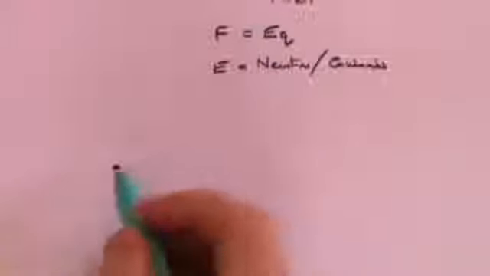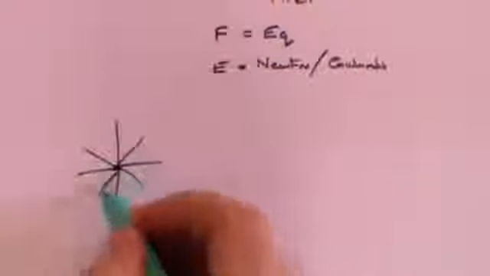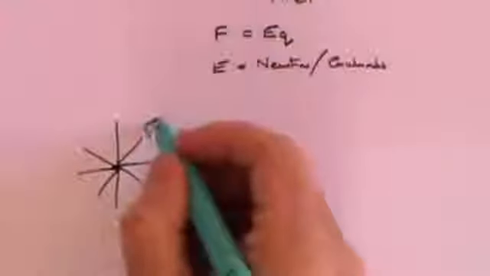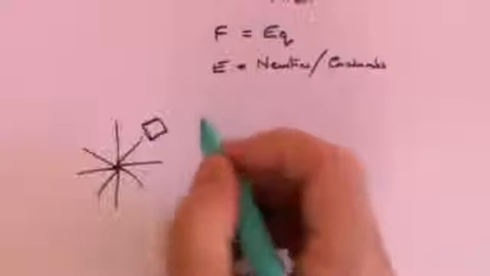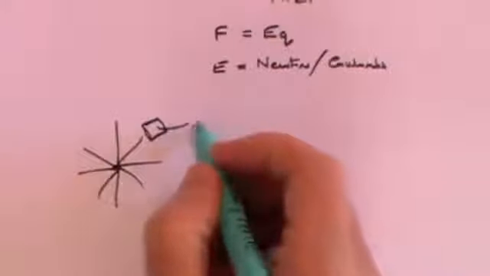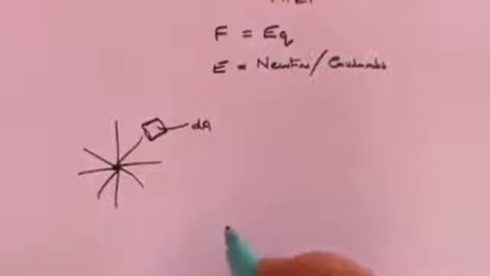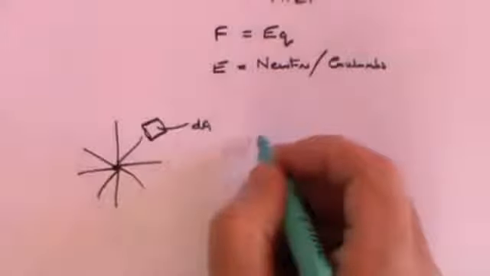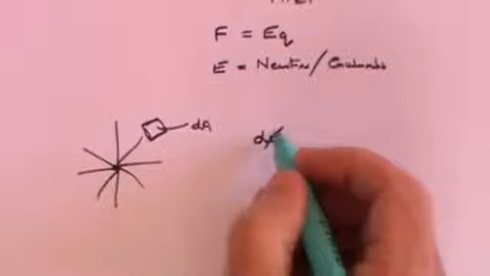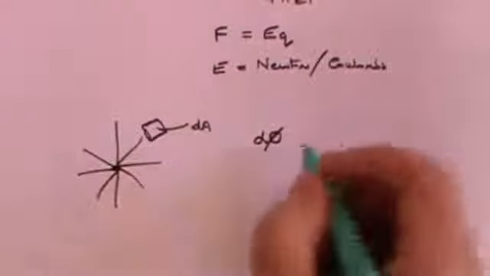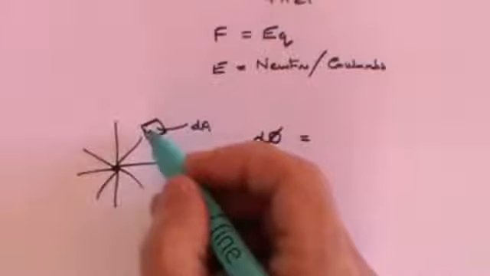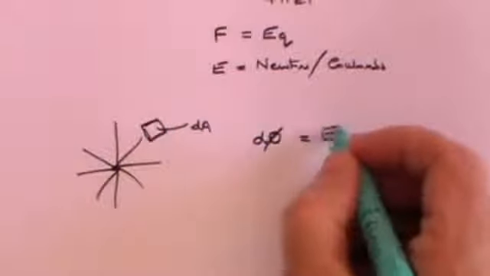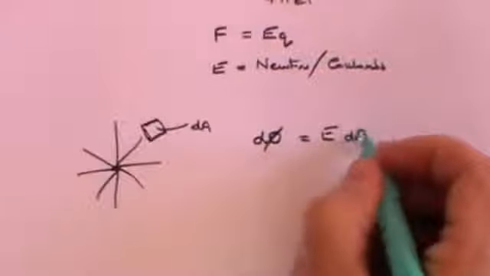So if we take our charge, again, which radiates outwards, E field going in all directions, and we want to know how much of that field goes through an area, or a window if you like, of area dA, so it's a small window, dA, then we say the flux, which is represented by the Greek letter phi, the amount of flux that goes through the window will only be a small amount of flux, so d phi is equal to the amount of the field, which is the value of the field at that point, E, times the area, dA.